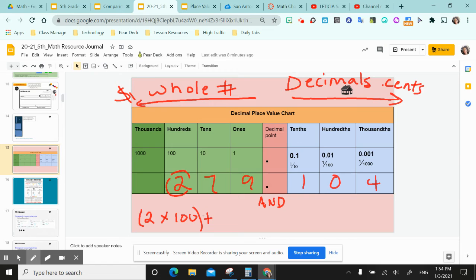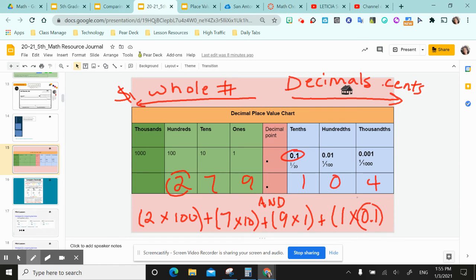I'm going to add that because my next number is 7. The 7 is in the tens place, so 7 times 10. So 7 in the tens place. 9 in the ones place. 1 in the tenths place, and remember, this is how we represent a tenth.